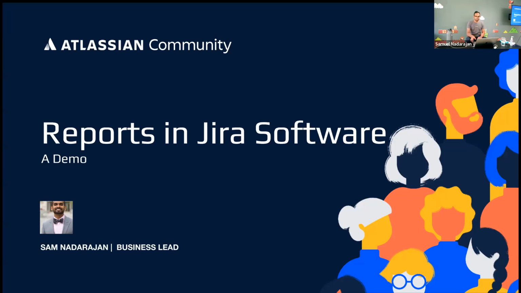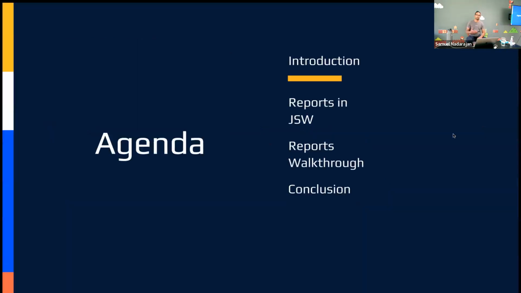With that being said, the things I want to talk about today: we're going through the introduction right now. Obviously, I'm Sam. Nice to meet you. For those of you that watch this recording later, I'm glad you tuned in. After the introduction, we'll be talking about the reports in Jira Software as far as what some of the caveats and rules are to reports, how they work, what some of the parameters are, and other housekeeping stuff like that.